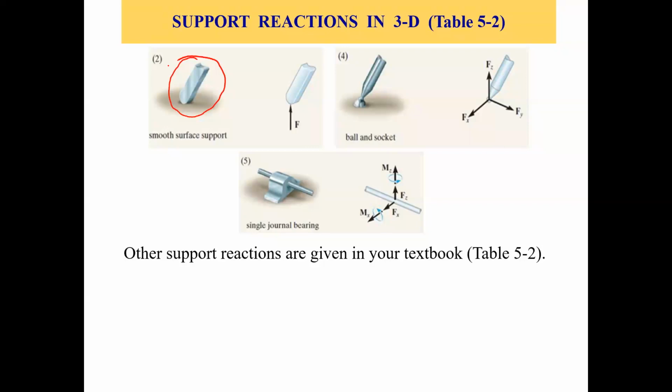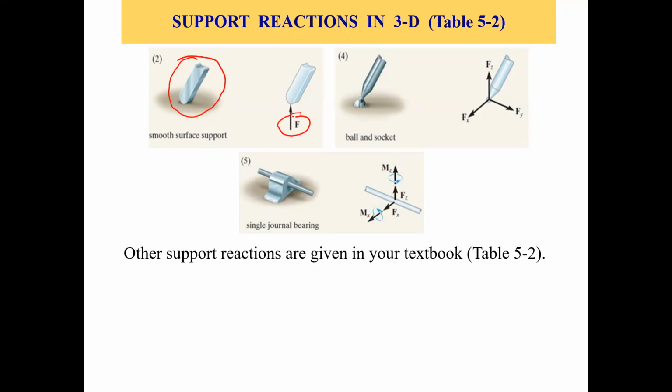So what is this support doing? It's just restricting the move in one direction, that is the vertical direction, right? So this body or this member can move in horizontal direction, right? But not in vertical direction. So that's why there's only one reaction, this guy, in vertical direction, right?